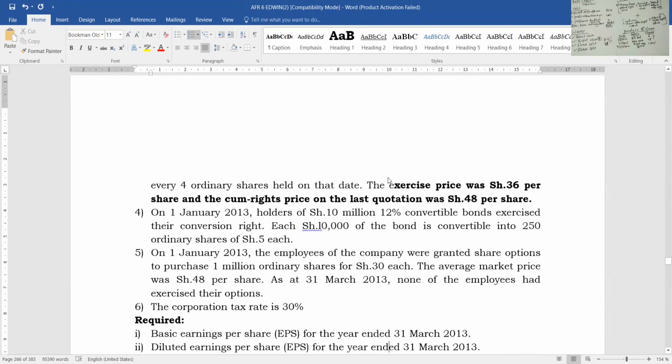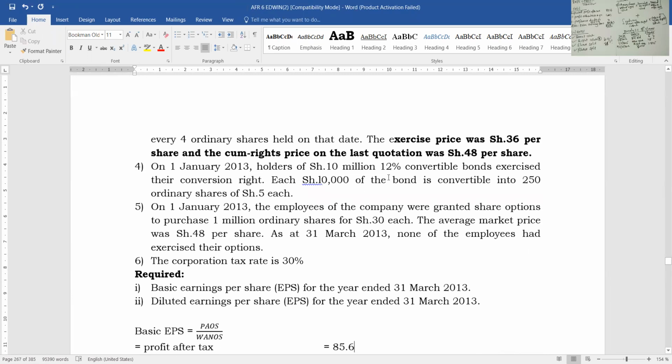But now out of the bond of 25 million, 10 million converted to ordinary shares. Because now I'm dealing with only the ordinary shares, I don't consider bonds and I don't consider preference shares. So I have to check in which way they converted to ordinary shares.